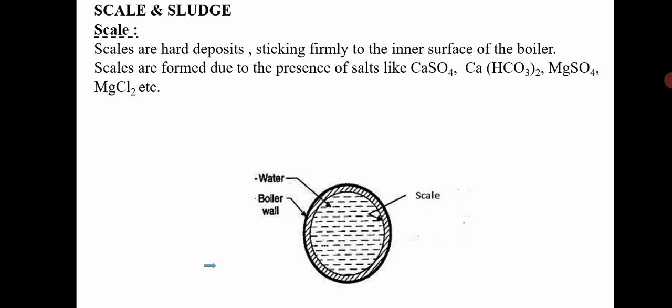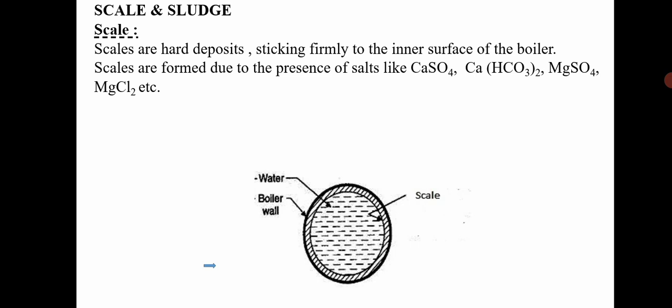Let us see what is meant by scale and sludge. So scale or sludge is nothing but a kind of precipitate. When we heat the water, the concentration of salt content in the water increases. When it attains the saturation state, the salts are converted into a precipitate form. Those precipitates are called scale or sludge.